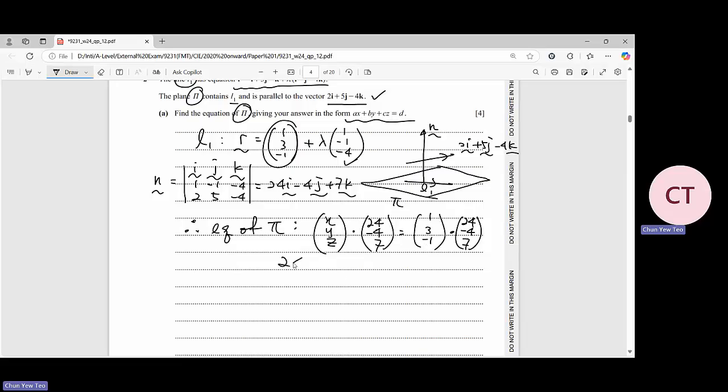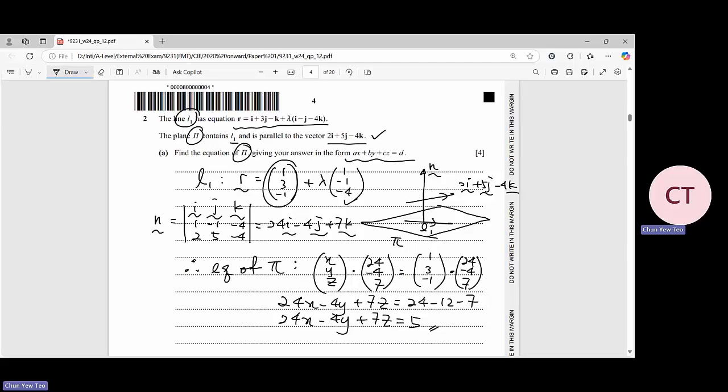So you get 24x minus 4y plus 7z is equal to 24 minus 12 minus 7. You get the answer 5. So therefore, the equation of the plane pi will be 24x minus 4y plus 7z is equal to 5. So that is the answer for number 2a.